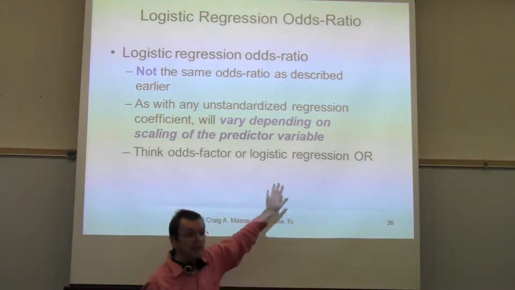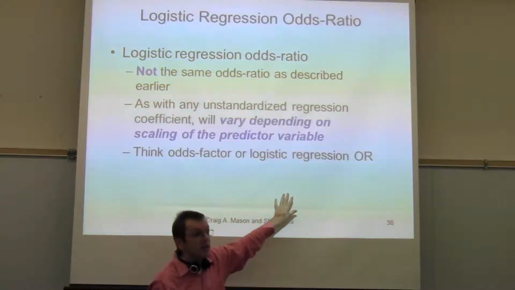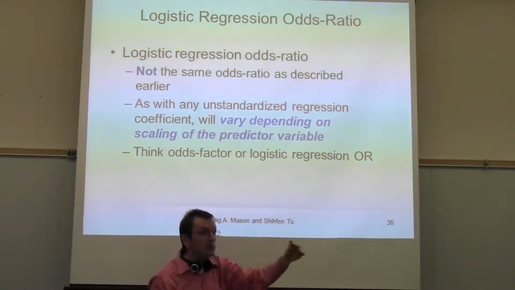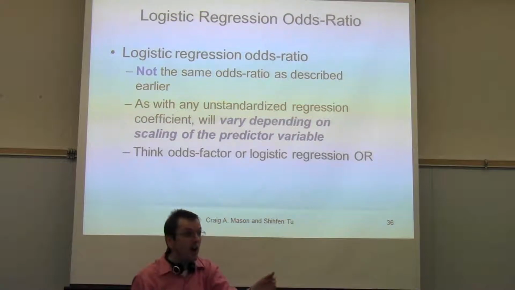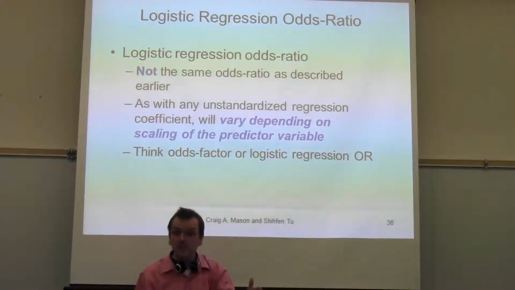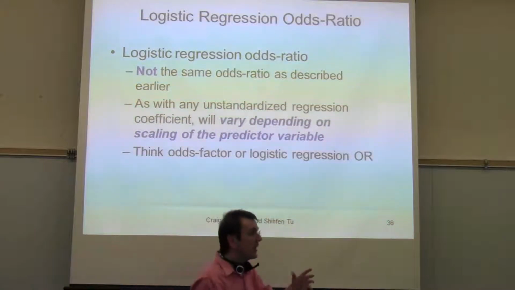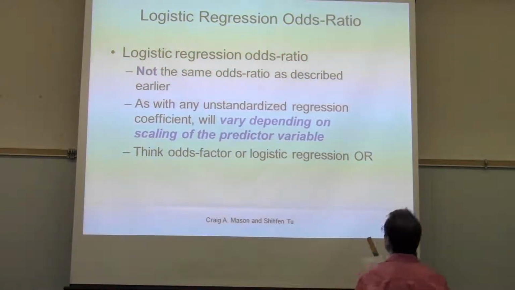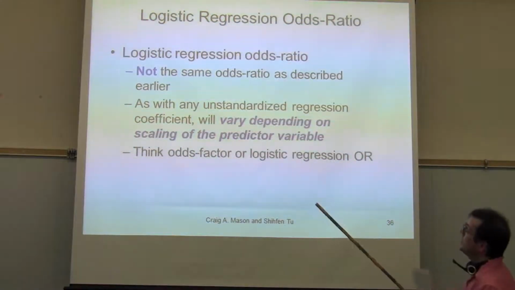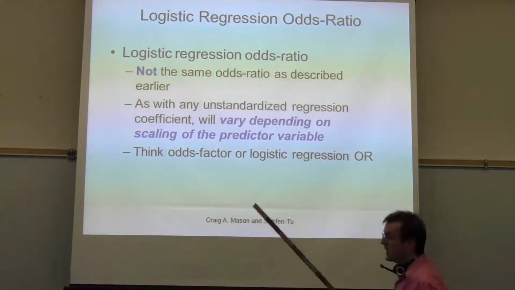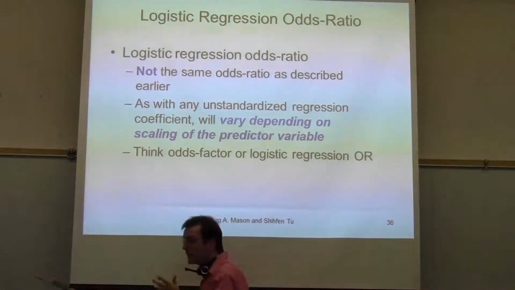E to the b, the logistic regression odds ratio, how big that odds ratio is still going to depend on the scaling of what x is. So we're going to see some other funky things about it in a second. It's not quite the same, but the key is that it varies based on the scaling.